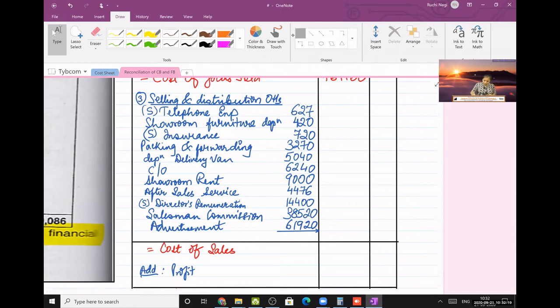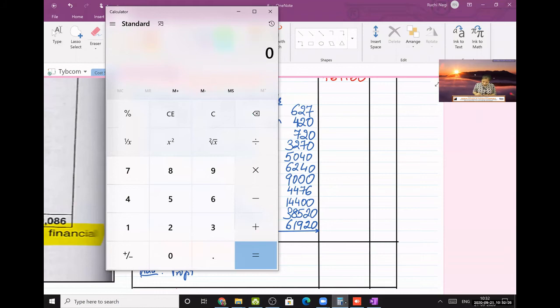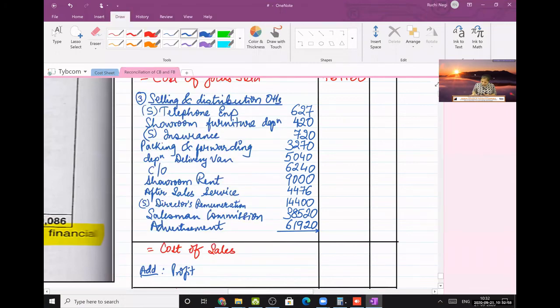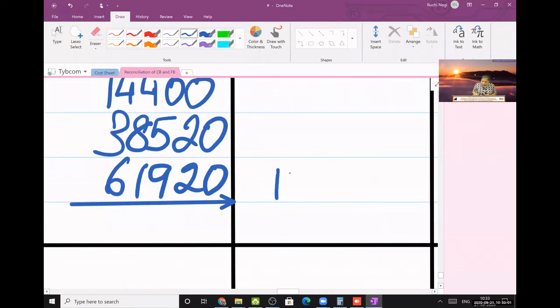Let us add this. 627 plus 420 plus 720 plus 3270 plus 5040 plus 6240 plus 9000 plus 4476 plus 14400 plus 38,520 plus 61,920 is 1,44,633.